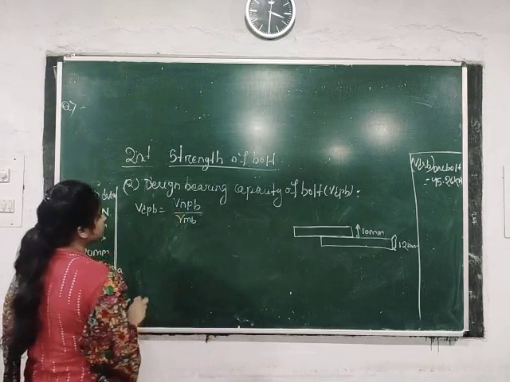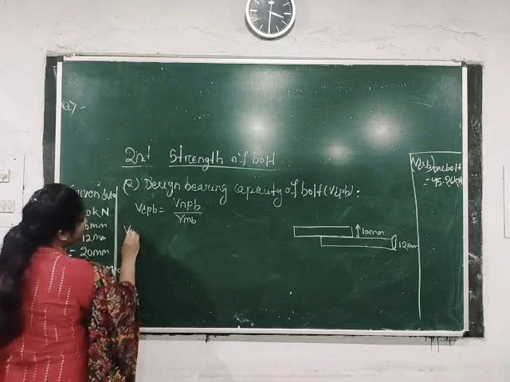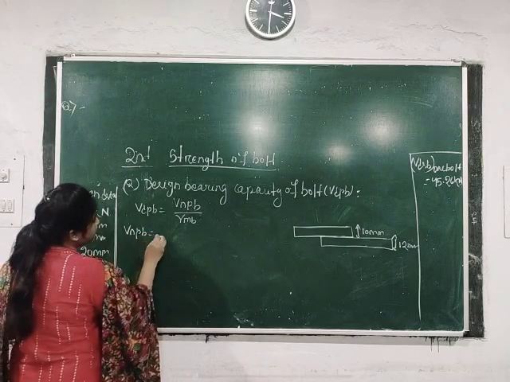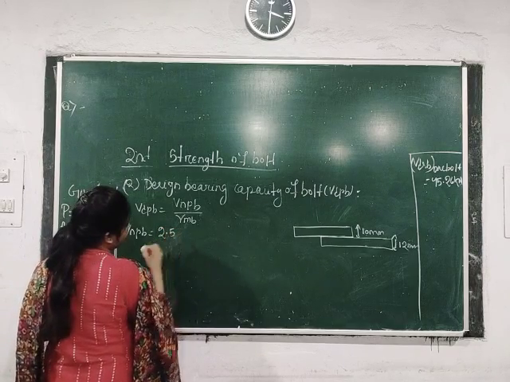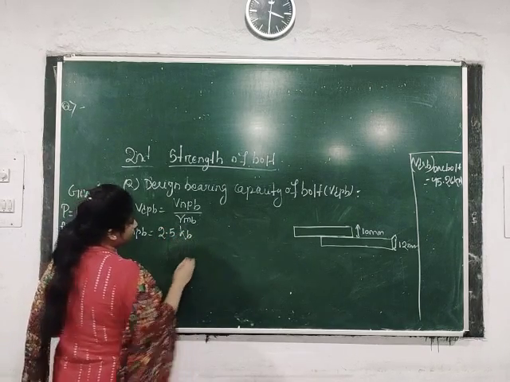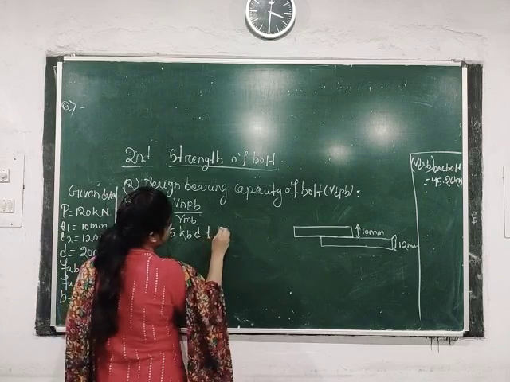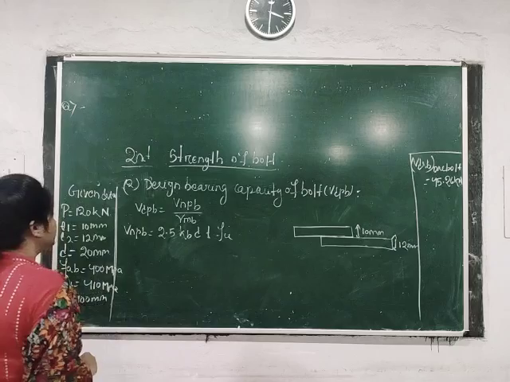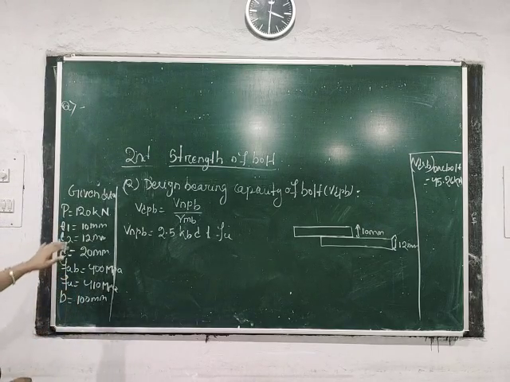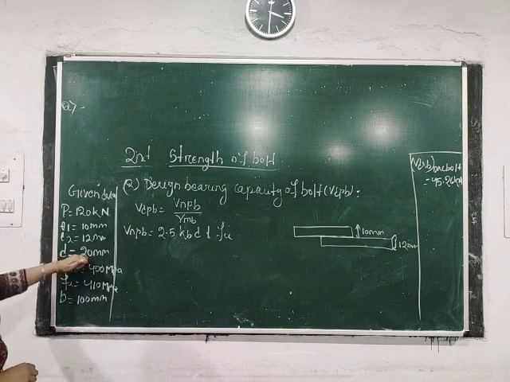Then next calculate the nominal bearing capacity of bolt. So the nominal bearing capacity of bolt can be calculated by 2.5 into kb into d into t into fu. Okay. So here d is the diameter of bolt that is given in the question, that value, that is 20 mm.